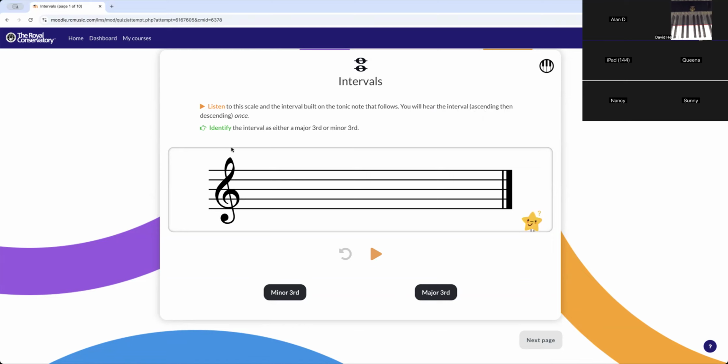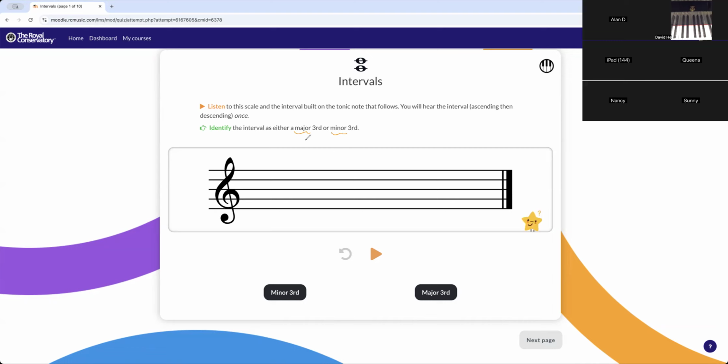Okay, once. Identify this interval as either a major third or minor third. Let's just think about it. What is the sound of a major and what is the sound of a minor?